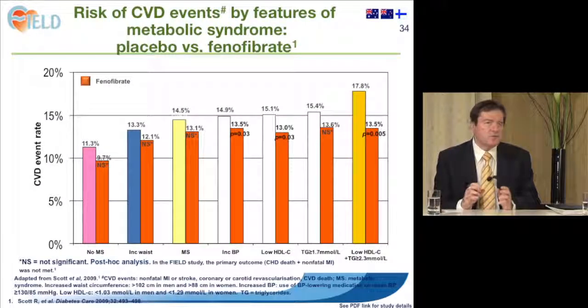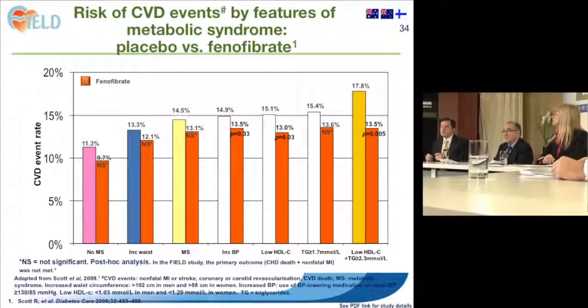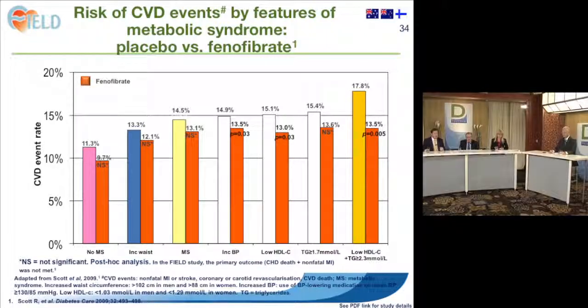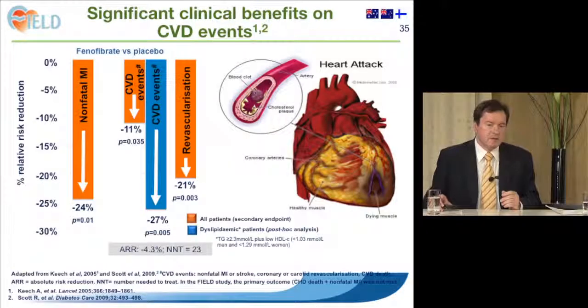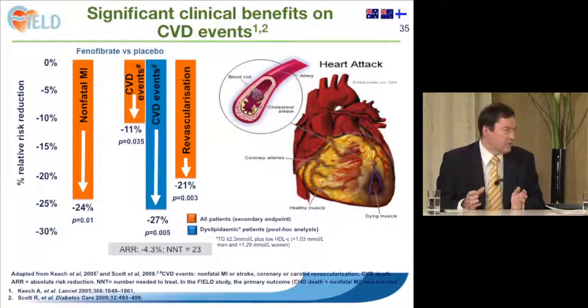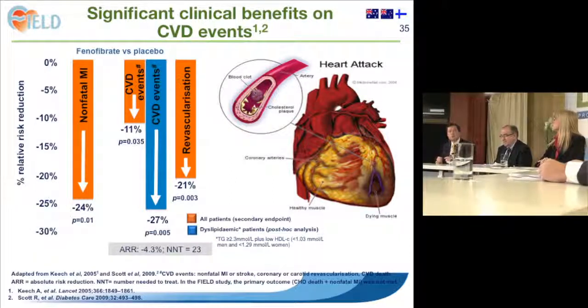And in fact, the effects of fenofibrate were greatest in this population, just as was found in the ACCORD study, whilst the effects were significant statistically for patients with hypertension, low HDL, or metabolic syndrome. By far the greatest effects were seen in these patients with combined dyslipidemia, such that there was a 27% overall reduction in cardiovascular events in these patients, and a number needed to treat of only 23, with a p-value of 0.005, compared to the overall effect of 11% in the total population.